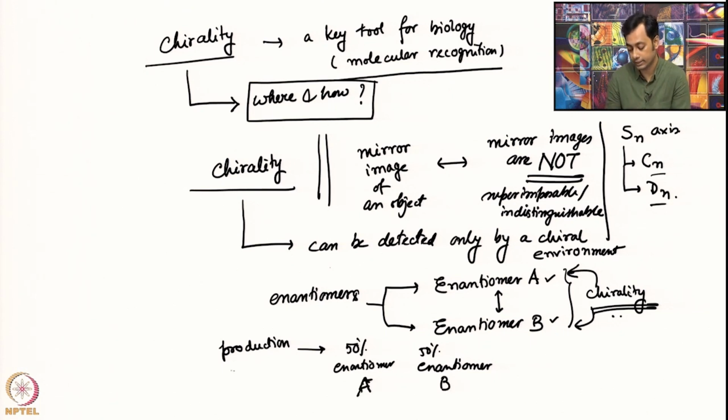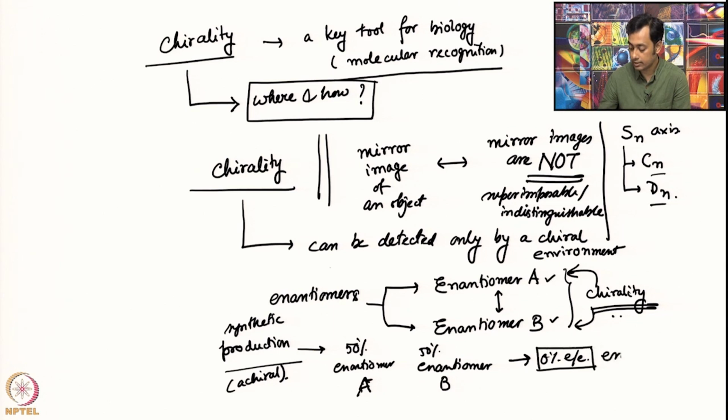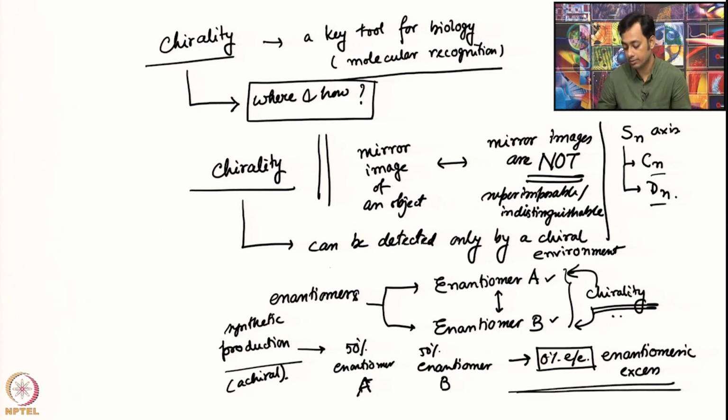If you do that reaction in a synthetic system which is achiral in nature, that means not chiral, what we are going to get is 0% excess. This is called the enantiomeric excess. So you are not going to get any enantiomeric excess, both of them will be the same, and we will get a racemic solution.